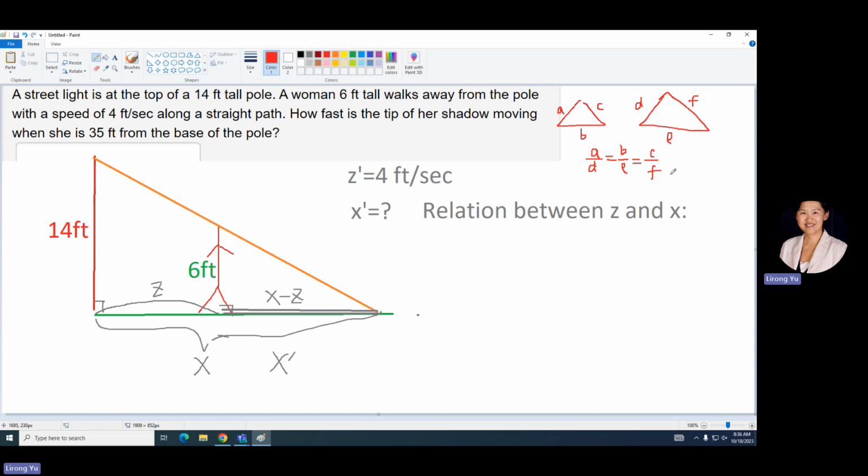For two similar triangles, the ratio from one to the other is going to maintain the same ratio. So this ratio can be called the ratio between small triangle and big triangle: small to big, small to big, corresponding sides.